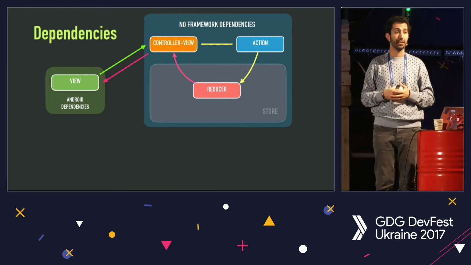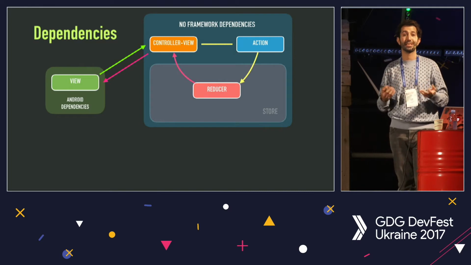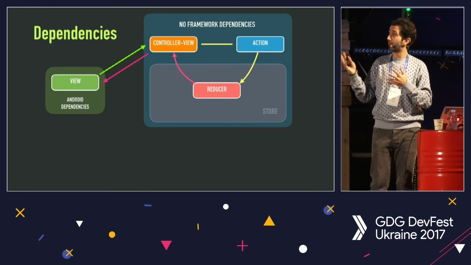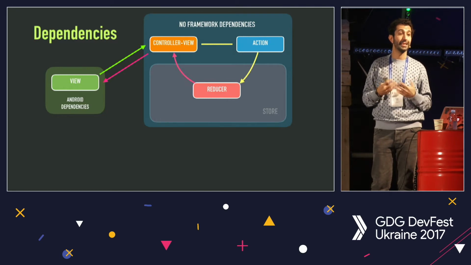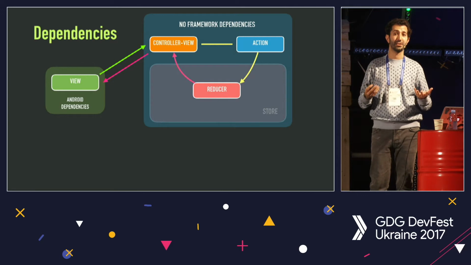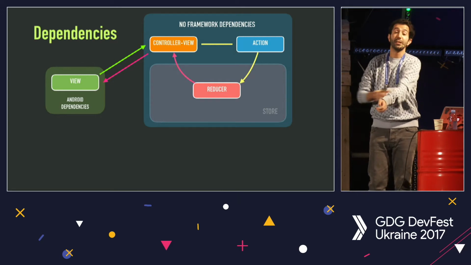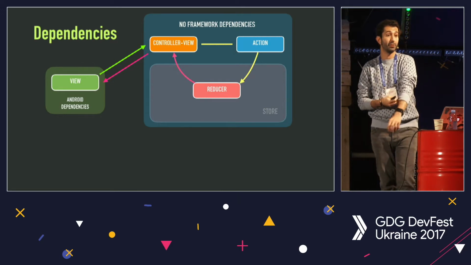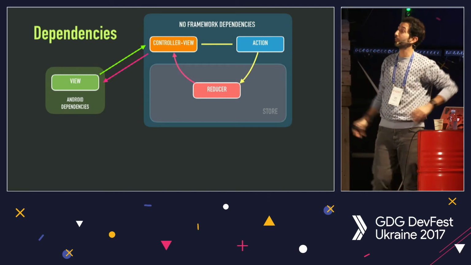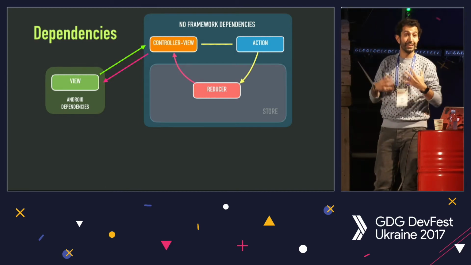We don't have any framework dependency. We don't have context. We don't have anything like that. What is important here is that it makes testing super easy, because we don't have to deal with the context. We don't have to make instrumentation tests. So we are not using context. We are not using any Android framework dependency. So we can unit test all the different components in a unit test way, okay?